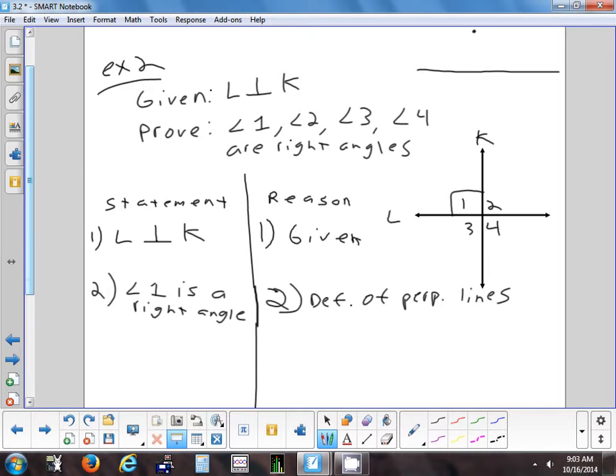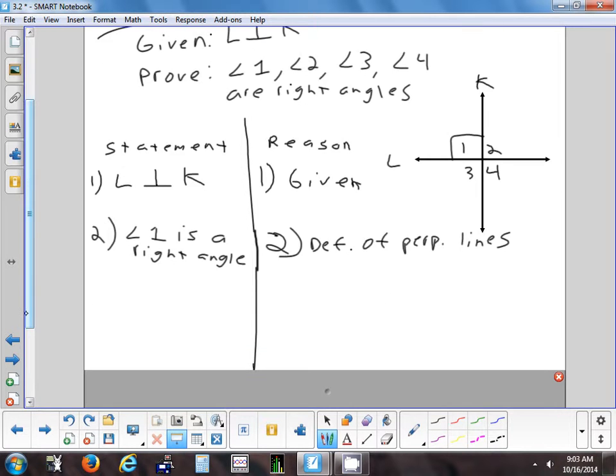All right. Next statement. If angle 1 is a right angle, what else does that mean? Right angle means what? Yeah, its measure is 90. Measure of angle 1 equals 90.